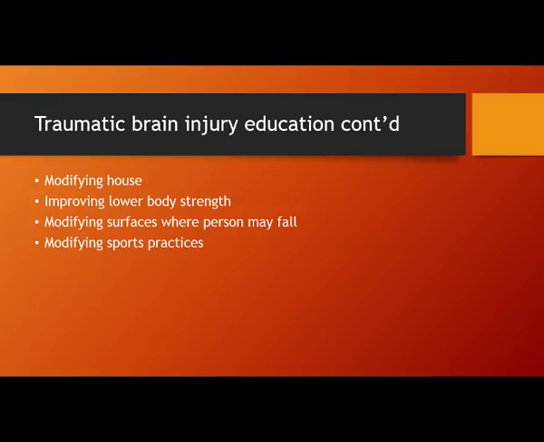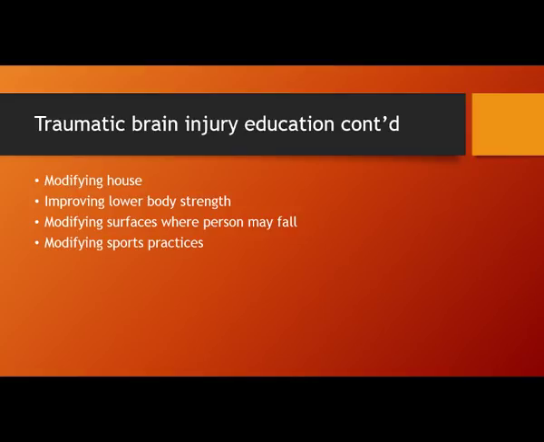Another approach to take is trying to modify the surfaces where a person may fall. That would look different on different age groups, but maybe putting in, instead of concrete, padding or carpeting or things to soften the surface where a person will fall.